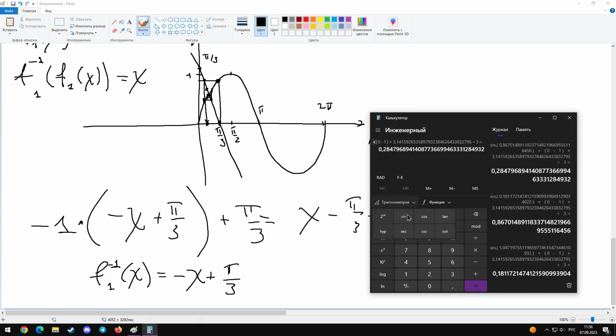And again I take a sine of this value, multiply by -1 and add pi over 3. Another sine, and add pi over 3. Another sine. We're getting closer to the answer.